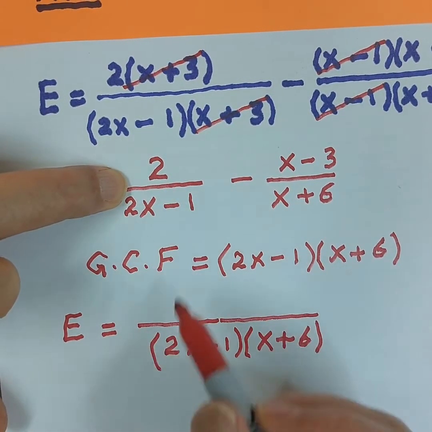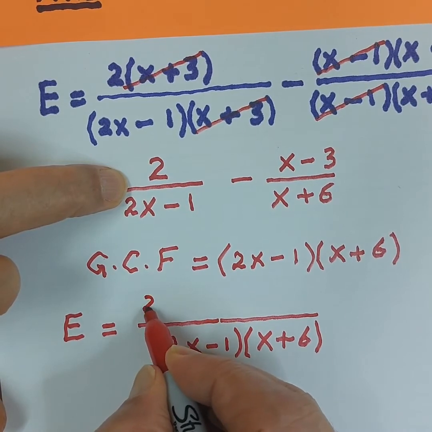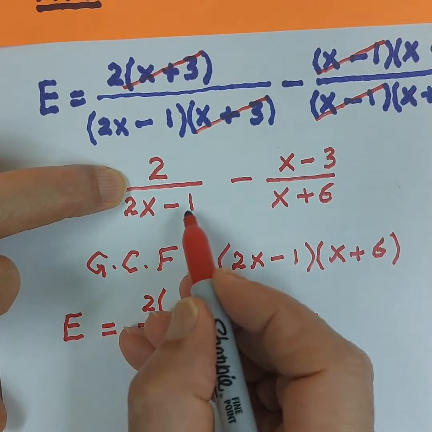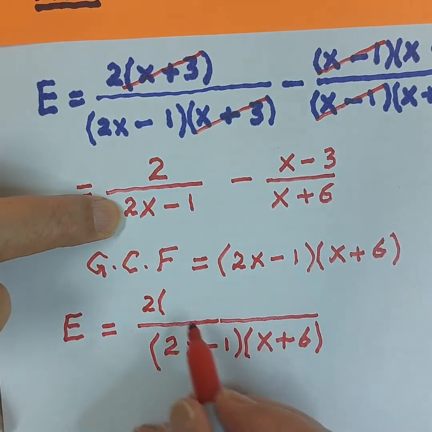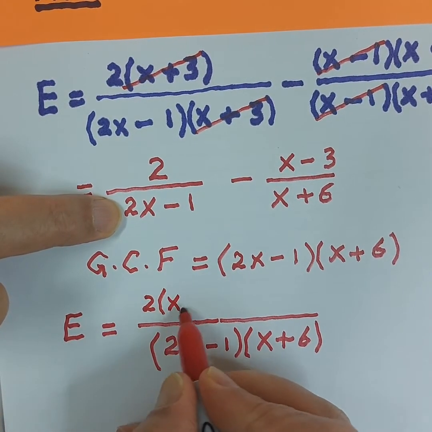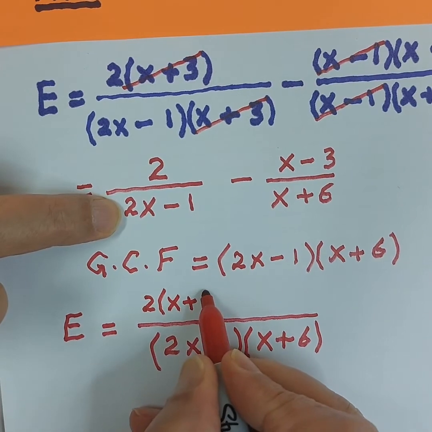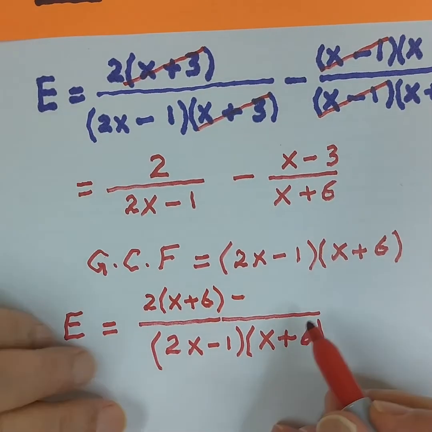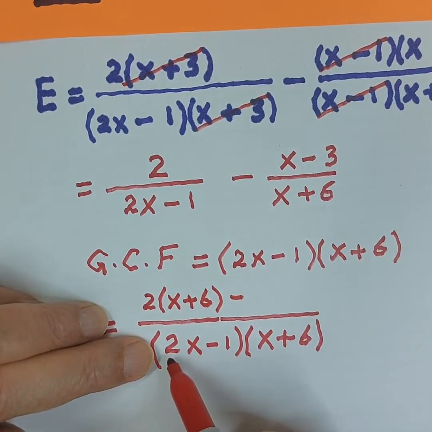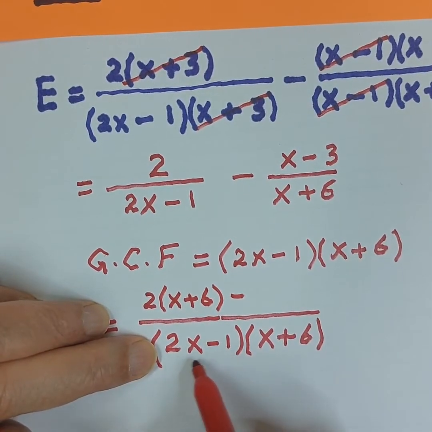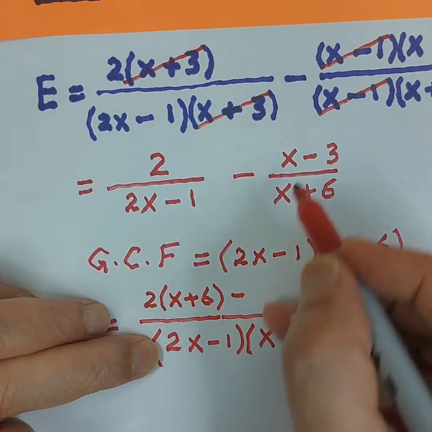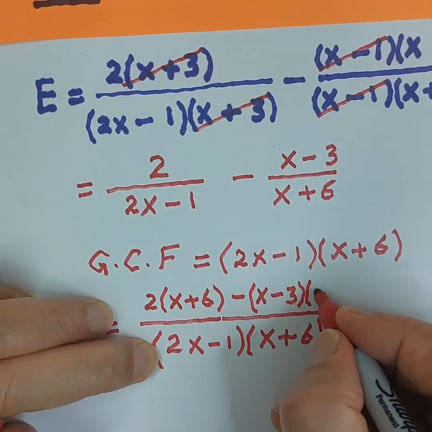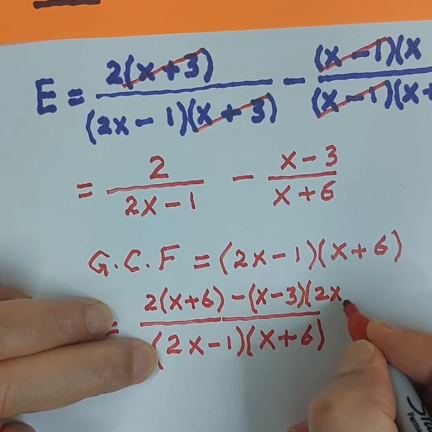So this will be 2 times, which is added to this denominator, so it will be written here multiplied by 2. Also comparing this one with this one, you find this is added here, so it will be multiplied by this factor, which is 2x minus 1.